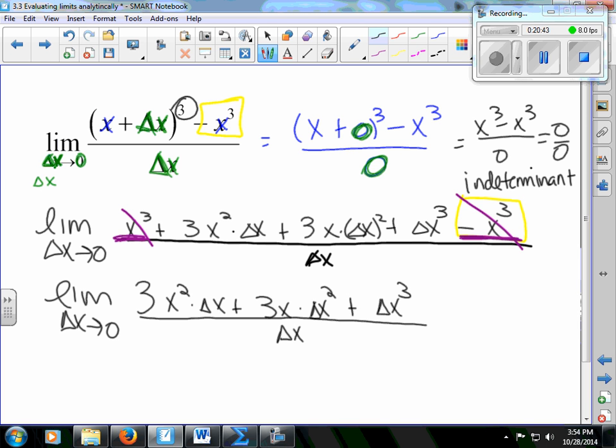Now, I don't want to evaluate again here. I can just see by glancing that if I replace my delta x with 0, I get lots and lots of zeros. This will result in 0 over 0 still.